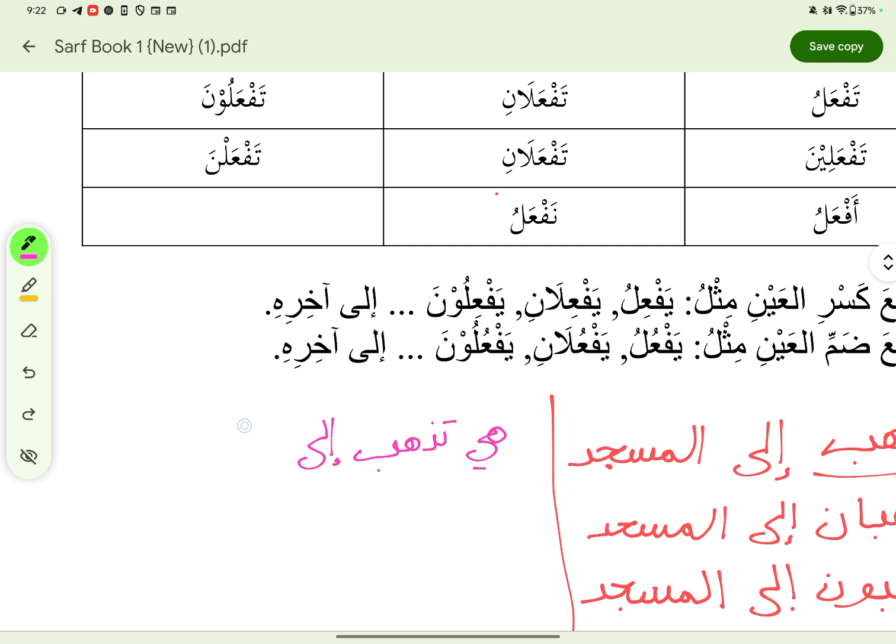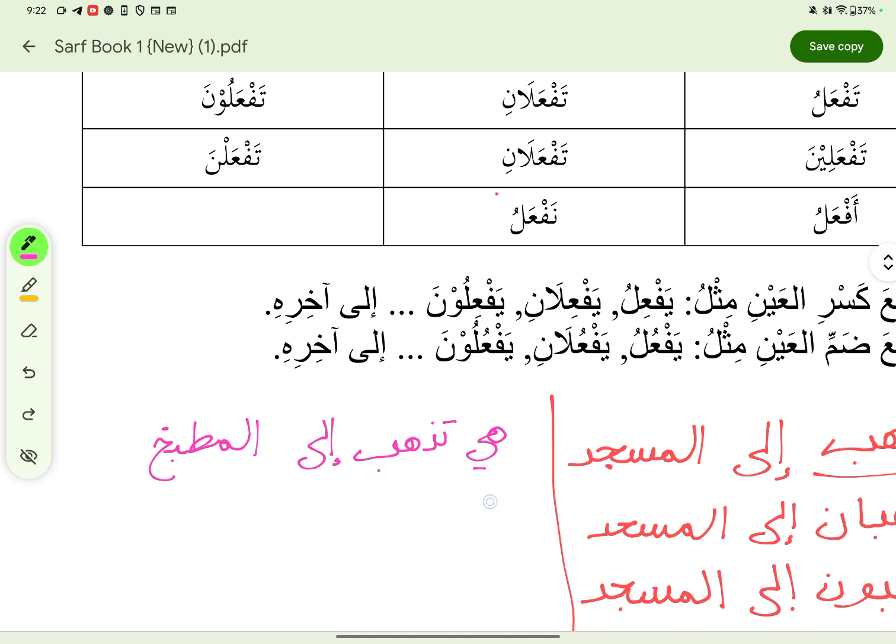Right? This is a fancy handwriting for it. I'm gonna make it a little easier, like this here. Alright, إلى المطبخ. She goes to the kitchen. هي تذهب إلى المطبخ. Right?